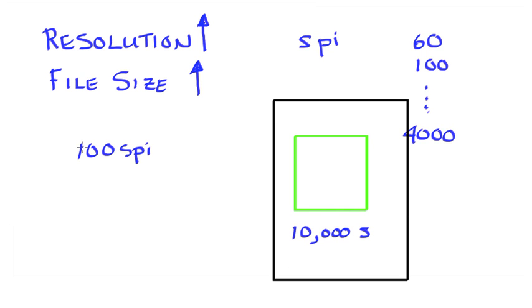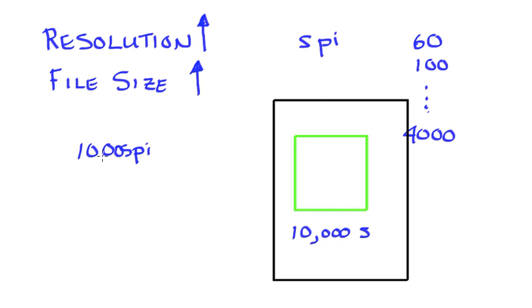If I were now to change this to 1,000 samples per inch, I'm now for every inch having 1,000 samples, every inch vertically 1,000 samples.